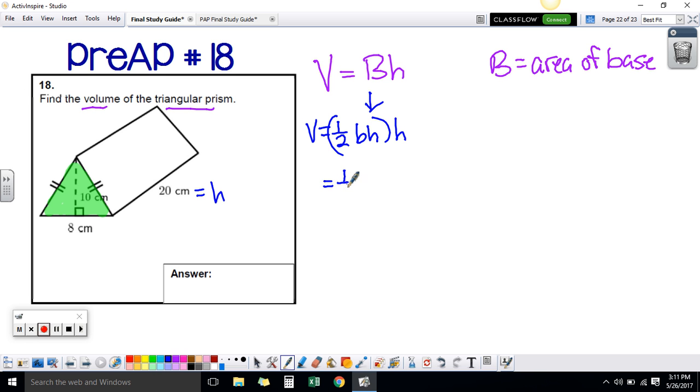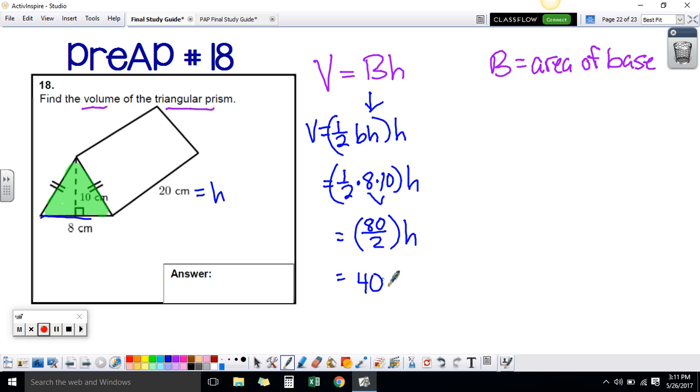So we've got 1/2 times our base of the triangle, which is 8, times the height of our triangle, which is 10. So 8 times 10 is 80, and half of that is 40. I'm just bringing everything down. Okay, all of this is times the height of our prism.